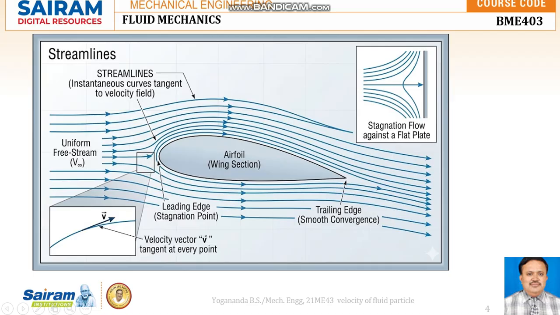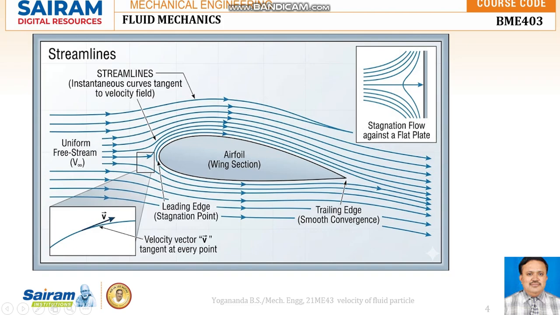So the air stops, the velocity reduces. So it is thinking for a while whether the distance to be traveled is on the top of the foil or bottom of the foil. Then the journey continues. These family of curves are nothing but our streamlines.